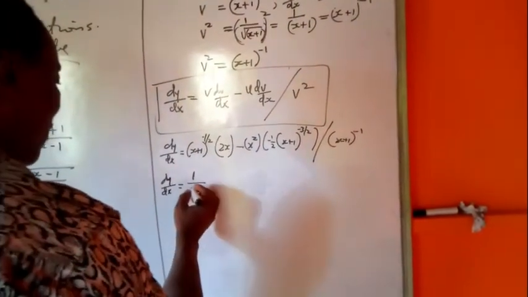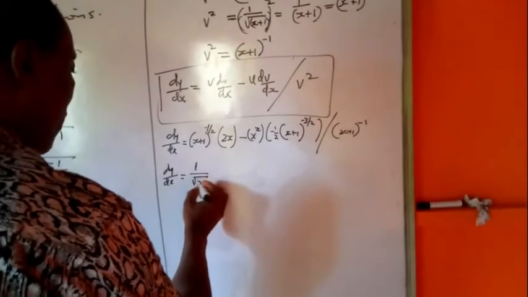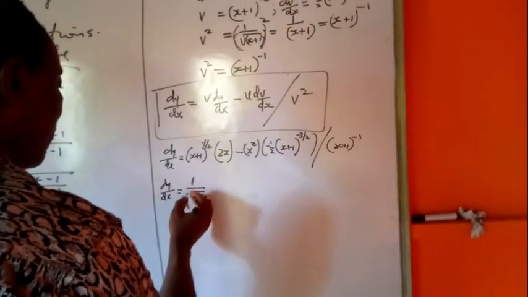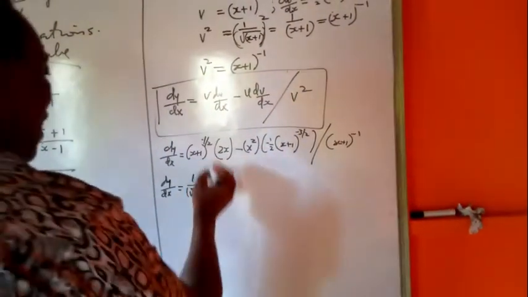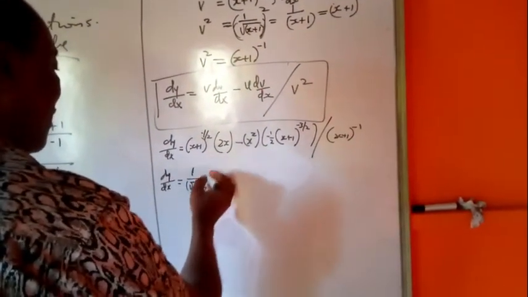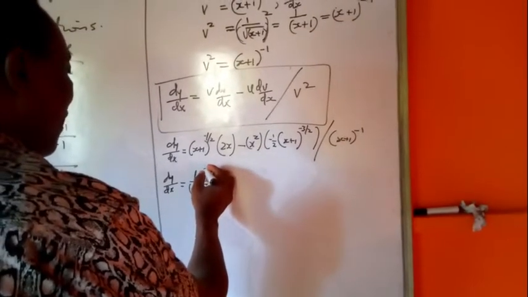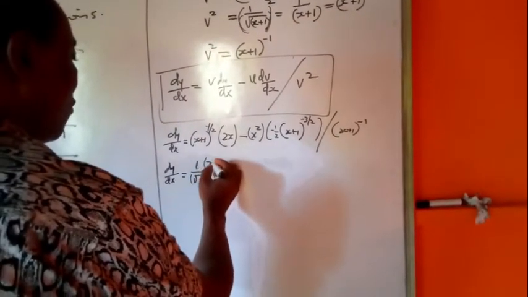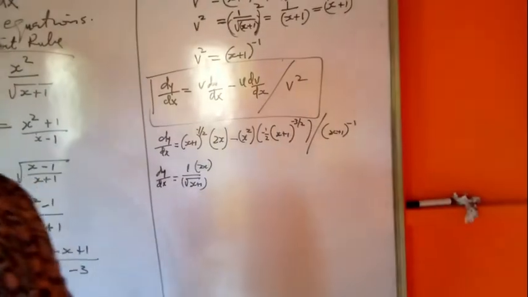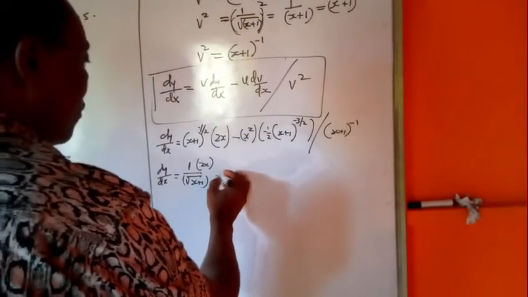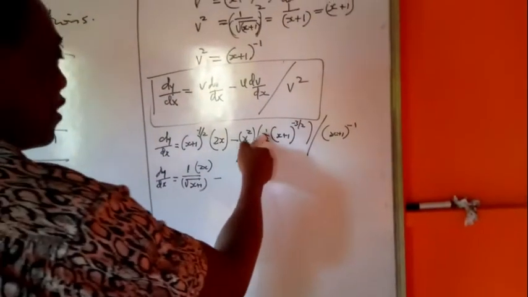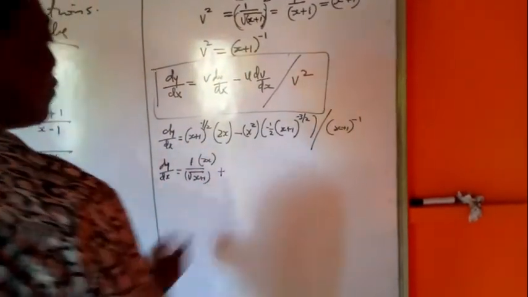Half. That means root x plus 1. Now we can say that, multiplied by 2x, then the minus becomes plus.